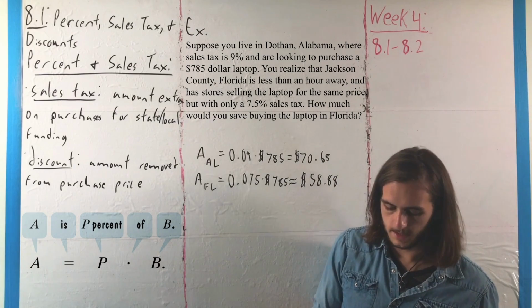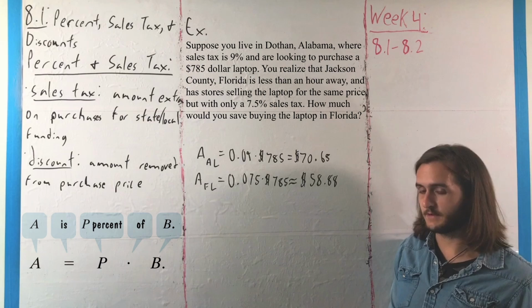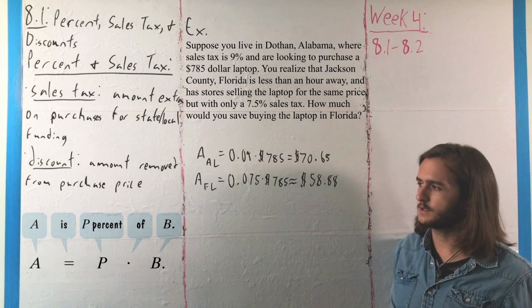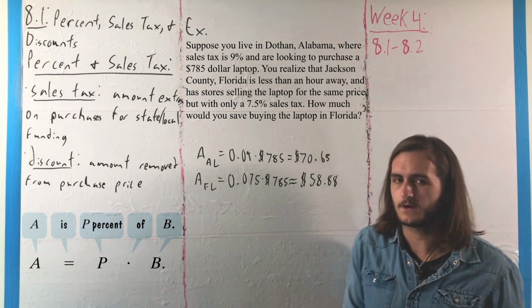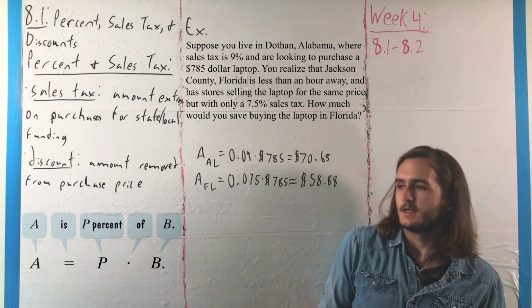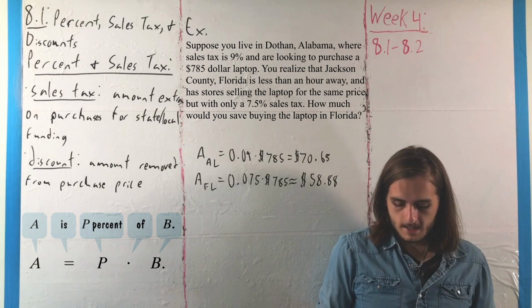Where in this case, if you went to Florida instead of Alabama, you would end up saving $11.77, thereabouts, which is probably not as much as you'd spend on gas for the drive over, depending on exactly where you went and what route you took. Either way, it's not that good of a deal.